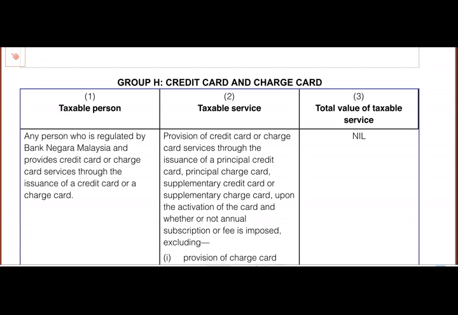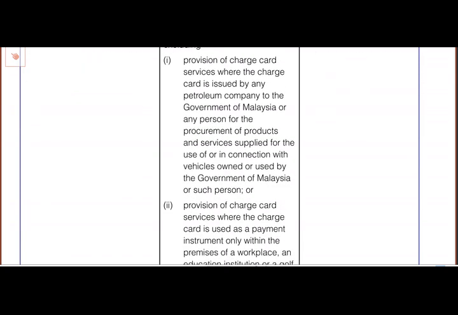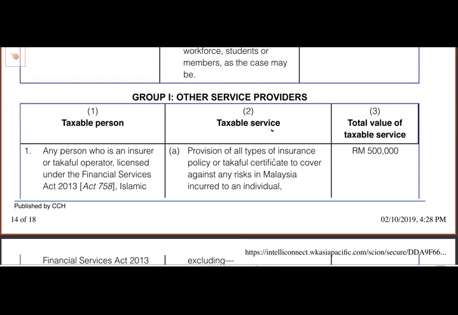Page 353, I actually stated there that service tax rate is 6% except credit card, because credit card is based on 25 ringgit per card. Okay, now that's credit card. Now, so nothing much about credit card.